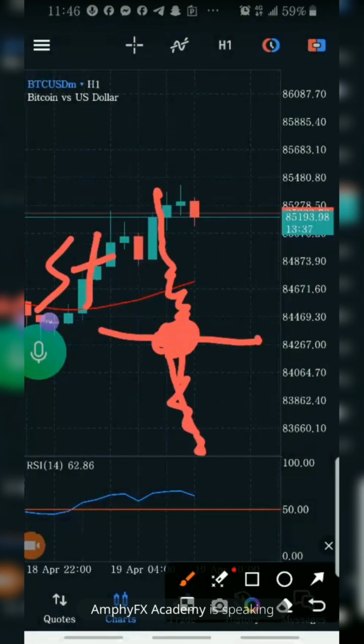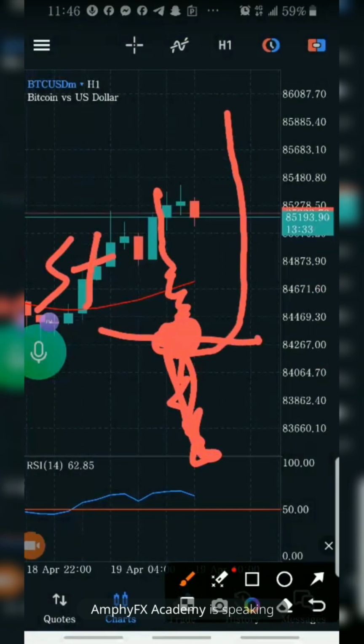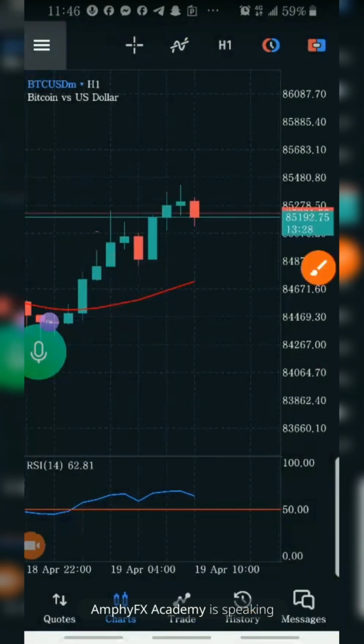But if it picks my order and begins to reverse the other way around, I'll be in loss. So that's the difference between buy stop and sell stop. Buy stop is always above the price. It's just like the market: if the market is buying, you are telling the market to stop and buy at that position. And sell stop, if the market is selling, you are telling the market to stop and sell at that position.